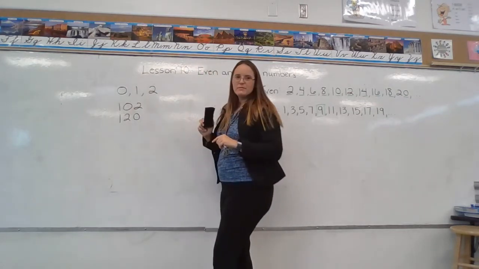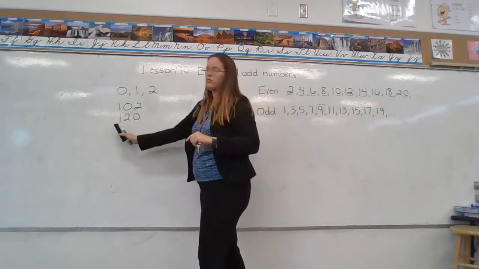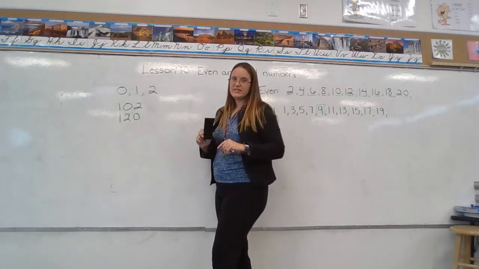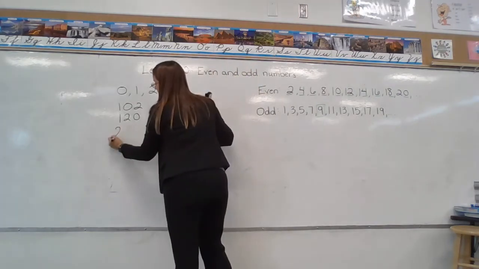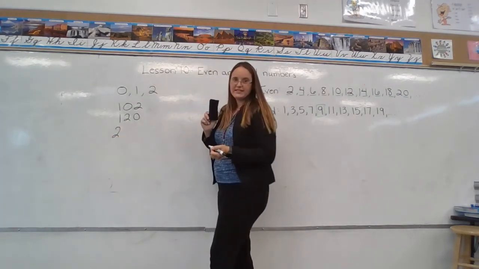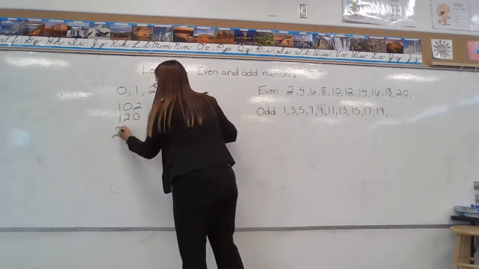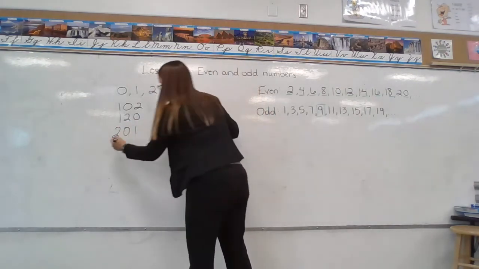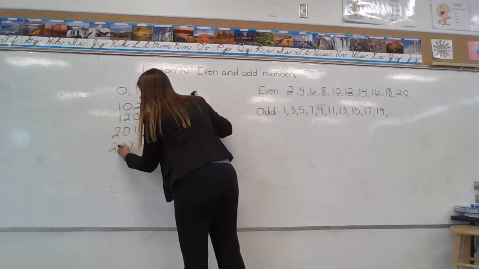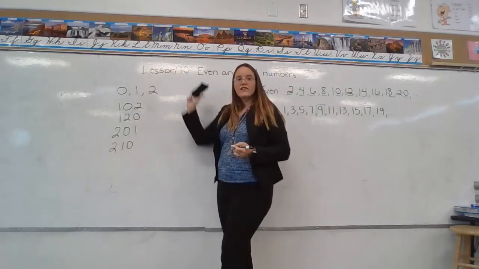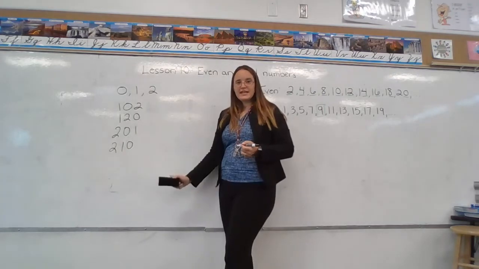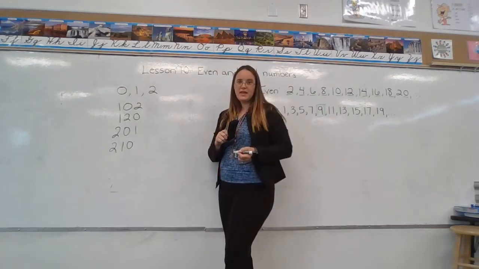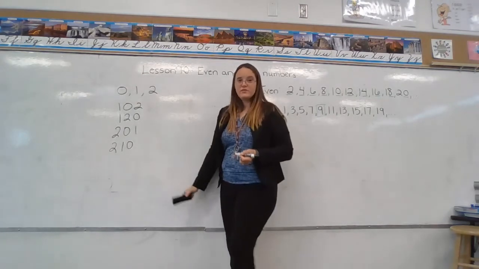Can I make any more 3-digit numbers with 1 in the hundreds place? Not with these digits. So I'm going to move on. I can put 2 in the hundreds place. So I can have 201, or I can flip-flop my 0 and my 1, and I can have 210. Are there any other combinations I can make without putting the 0 in the hundreds place? No, there are not. So we have these 4 numbers.